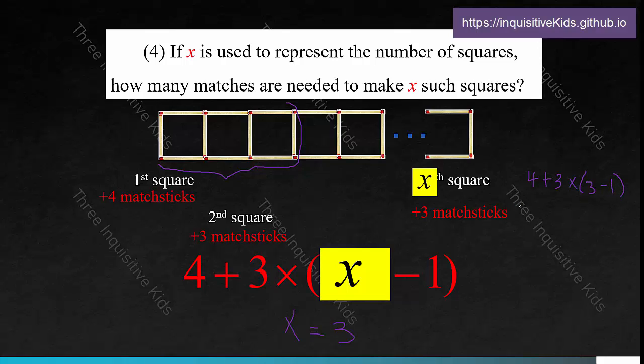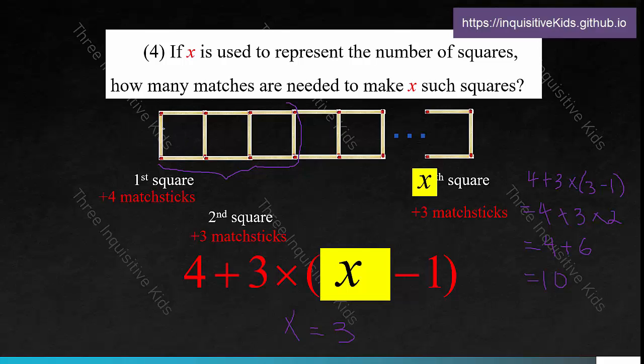Remember, x equals 3 and we're taking its place. Then we simplify. So that's going to be 4 plus 3 times 2 equals 4 plus 6 equals 10.